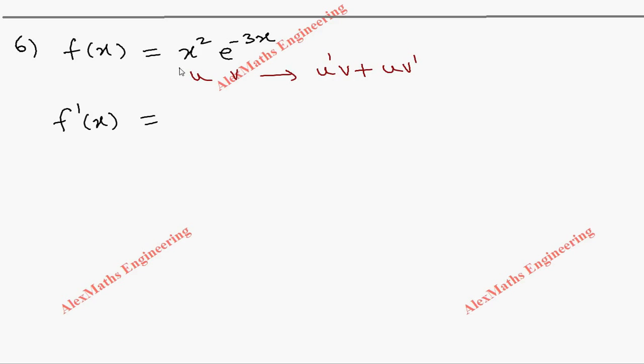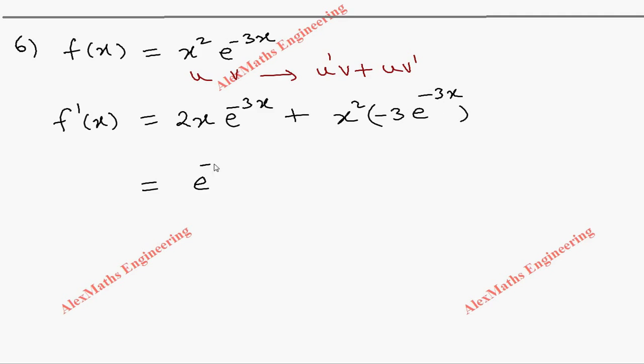So differentiation of x square is 2x, and we take v as it is, plus u as it is, and differentiation of e power minus 3x is minus 3 into e power minus 3x. So it is in the product, so we can take e power minus 3x common. This will become 2x, and this will become minus 3x square equal to 0.